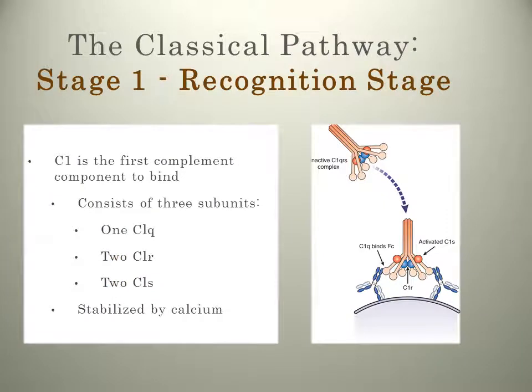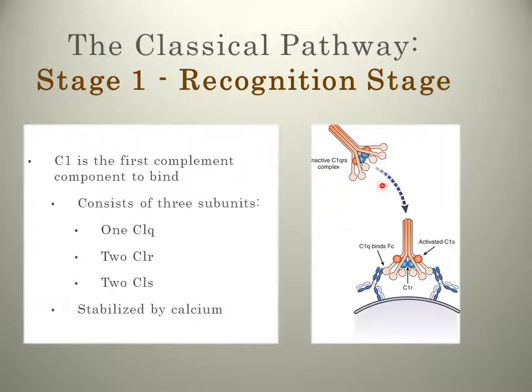Here we're looking at the recognition stage, the first stage or phase of the classical pathway. So we know that there have to be antibodies involved. If we come over here to our graphic, here's the cell membrane of our pathogen. And in this case, we've got two molecules of IgG that have bound to that cell membrane.